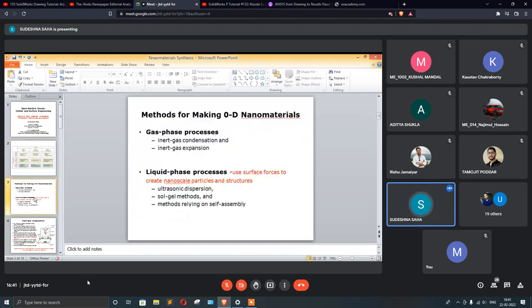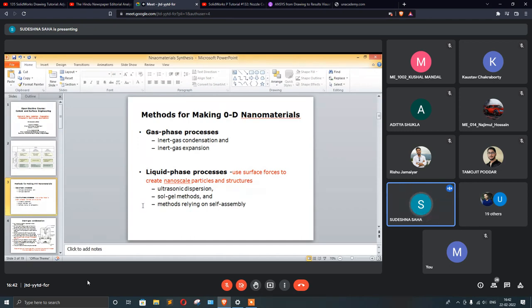Now, let us just move towards what are the different methods of making 0D nanomaterials. We have already talked about it. We said that there are two different processes. Either you can go for gas phase processes or liquid phase processes. In the gas phase process, there are mainly two methods which are widely used: inert gas condensation and inert gas expansion.